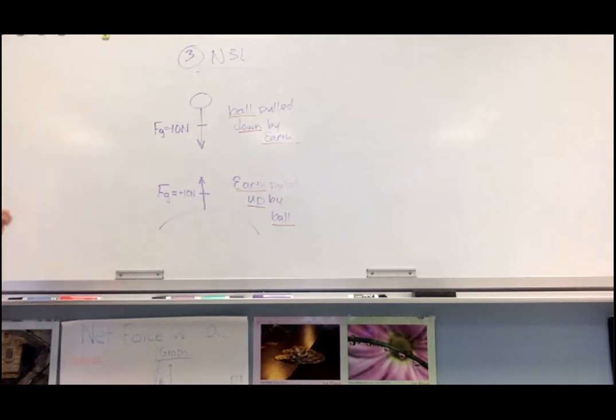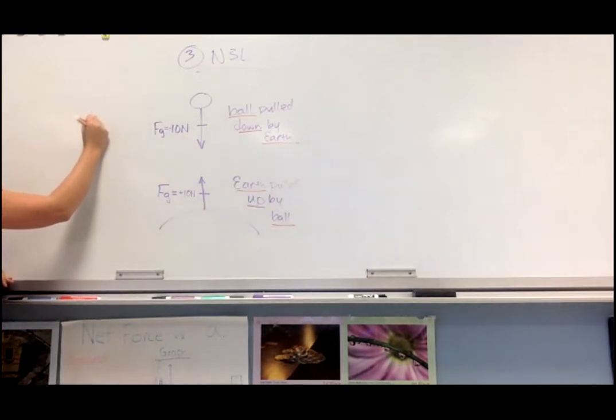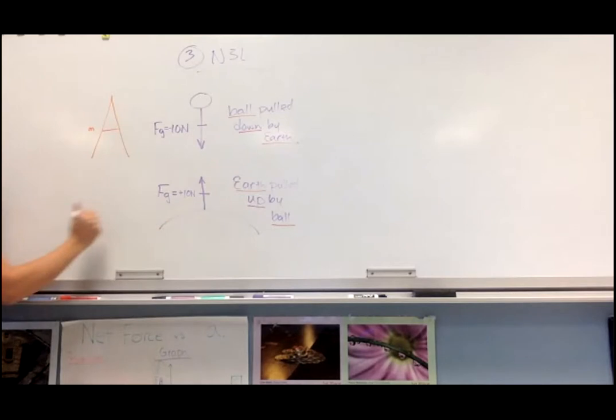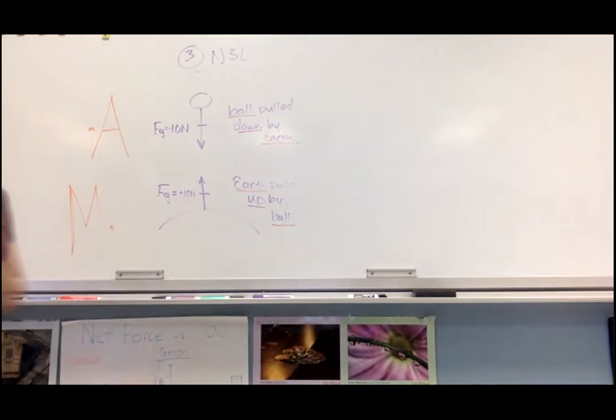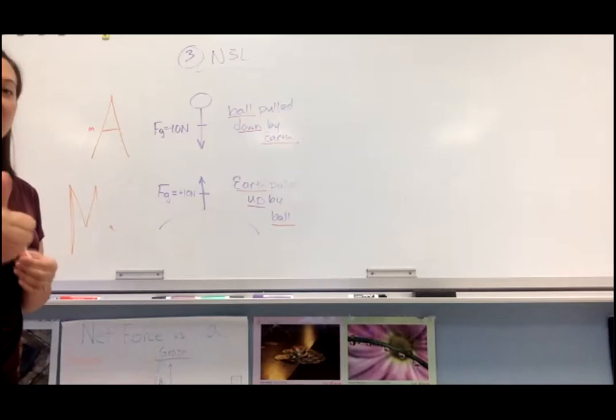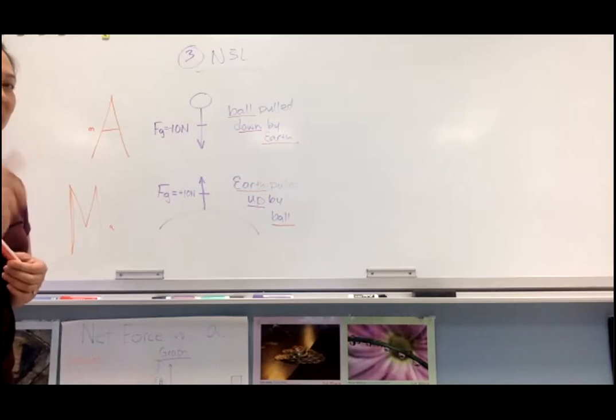So if it has a tiny mass, it has a big acceleration, whereas the Earth has an enormously big mass, so functionally no acceleration. Even though they experience equal magnitude forces, they accelerate differently because they're different masses.